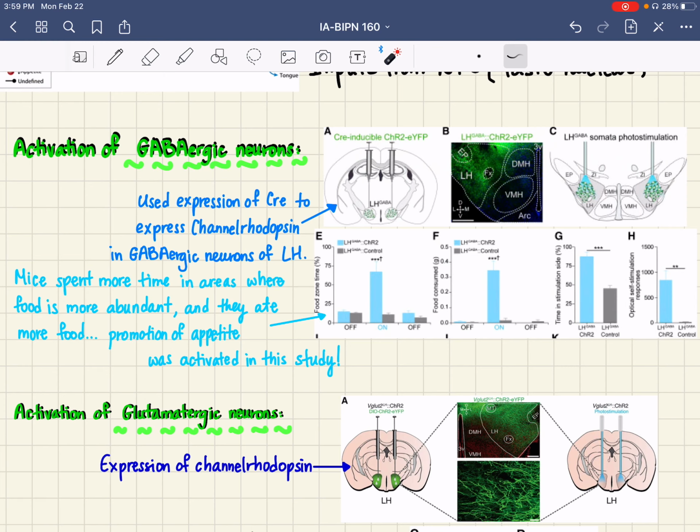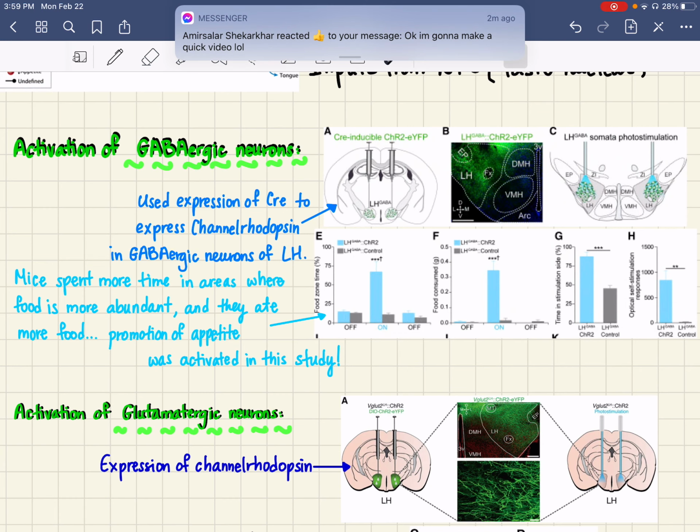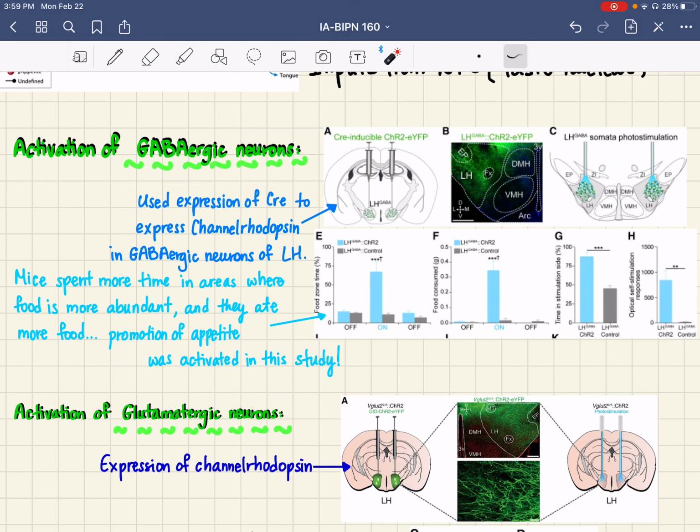So this experiment used the expression of Cre to express channel rhodopsin. And as you know, channel rhodopsin is a protein that can go and embed itself into the membrane of cells. And when we shine a specific wavelength of light onto the neurons that contain the channel rhodopsin, in this case the GABAergic neurons of lateral hypothalamus, then we will activate these GABAergic neurons.